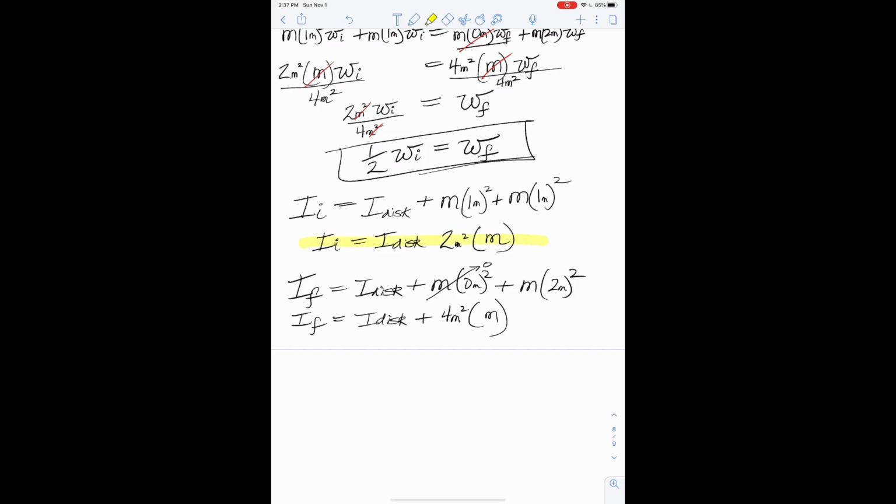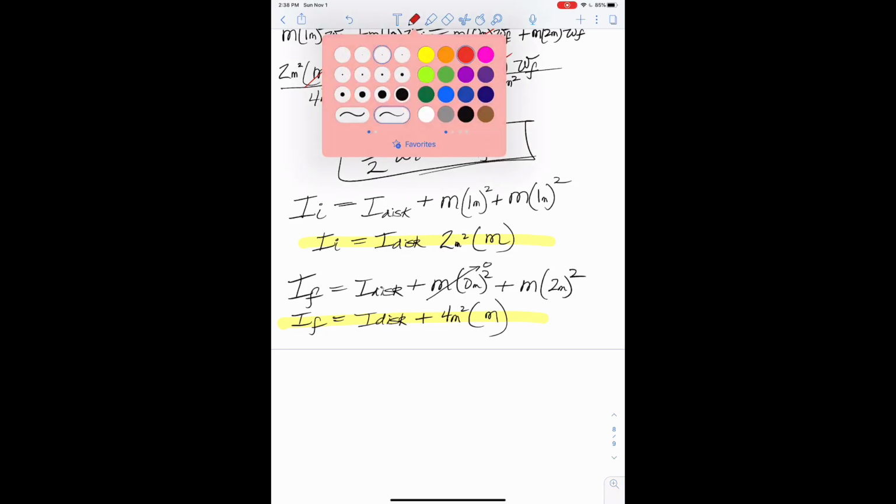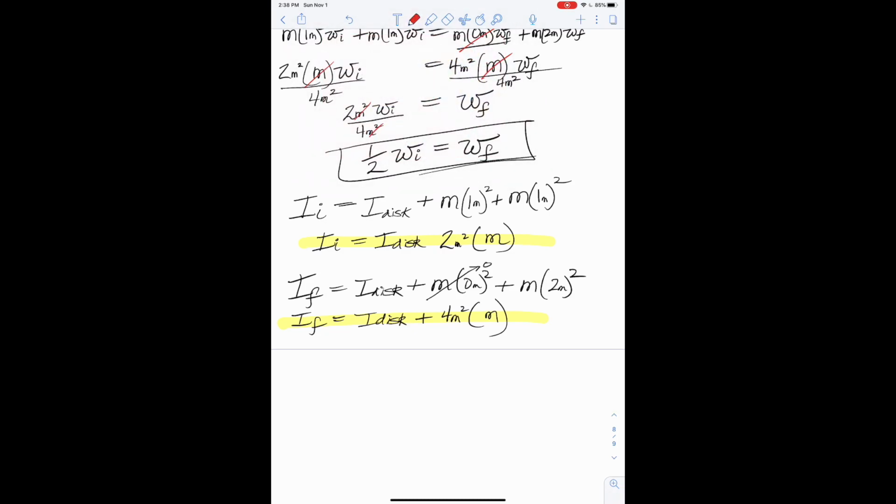We're comparing the moment of inertia initial and the moment of inertia final, and the larger one is going to be I final. So this is going to be larger. This is going to be smaller.